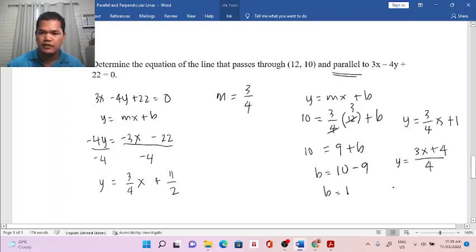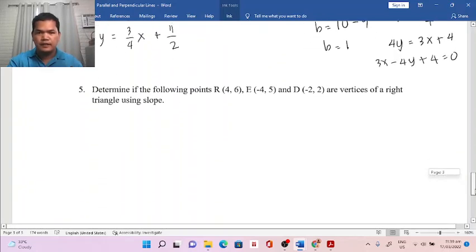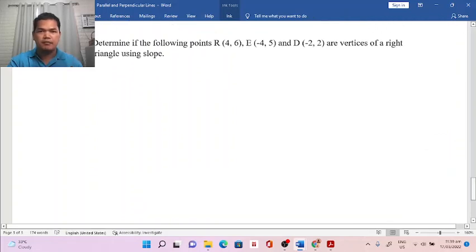Then cross multiplication, we will have 4y = 3x + 4, or 3x - 4y + 4 = 0. And that is the equation of the line that passes through (12, 10) and is parallel to 3x - 4y + 22.